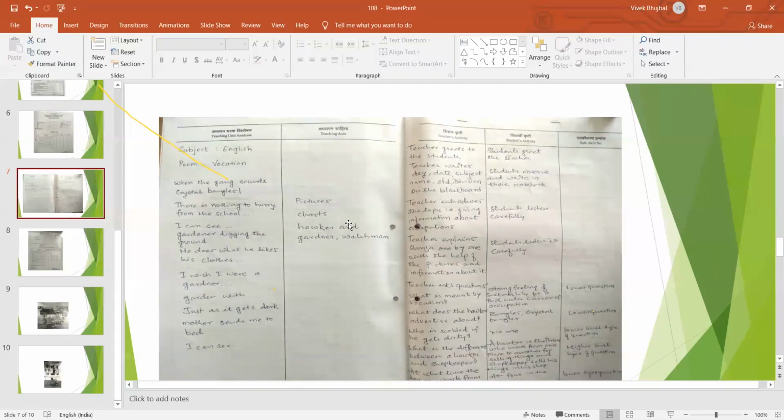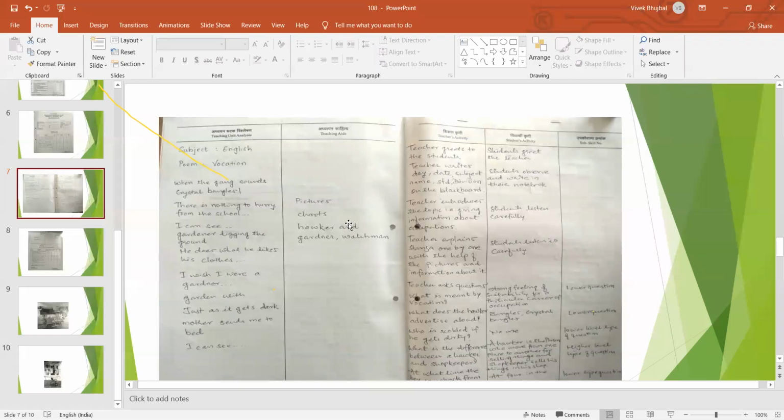When he makes his clothes dirty, his mother always scolds him. That's why he thought the gardener makes his clothes dirty, gets wet, still no mother is scolding. So I wish I were a gardener.